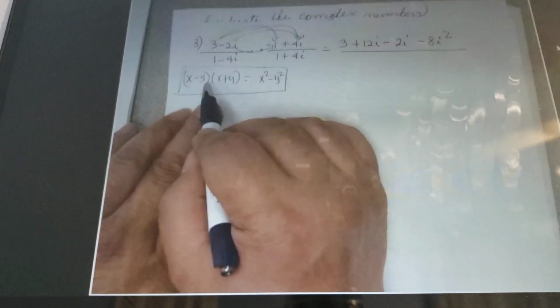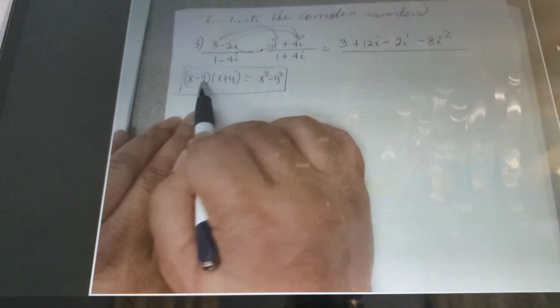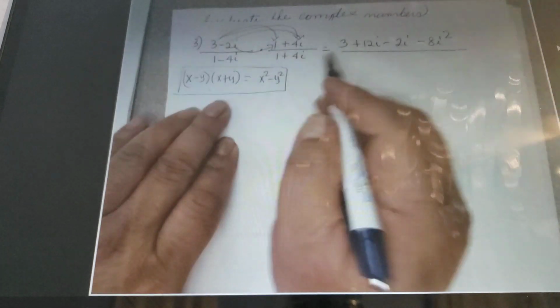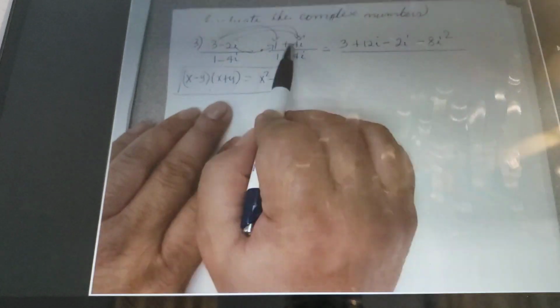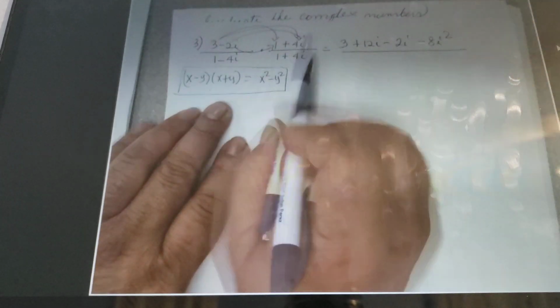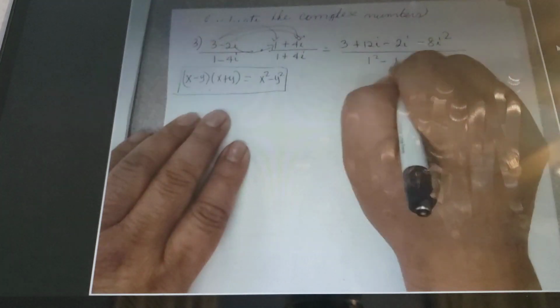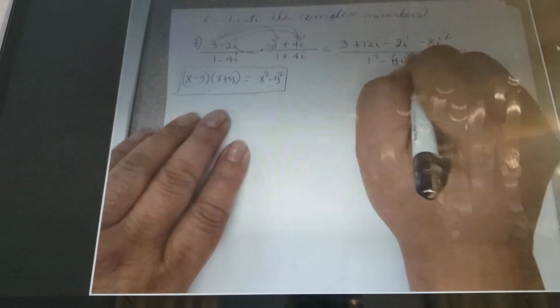We can do that only if our first terms are equal and the second terms are also equal. But here you cannot do that because they're not the same first term, they're not the same second term. So this one, 1 squared minus 4i squared. Or you can multiply individually, whatever you want.